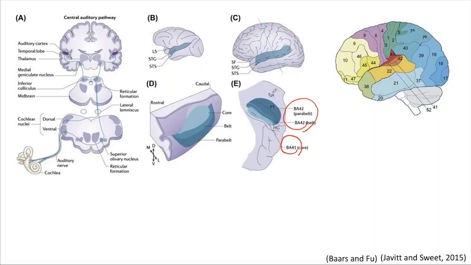And then the area that is multimodal is going to be Brodmann area 22, which is doing more advanced combined sensory processing from both auditory and other information that we are receiving from the environment. Okay, I will discuss that in the next steps.